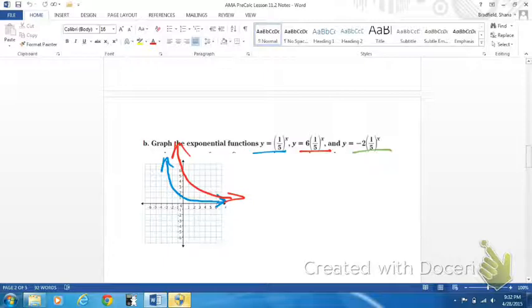And then on the third one, we've got a negative 2 times 1/5 to the x. That negative is going to make it reflect across the x-axis, and it looks like this.